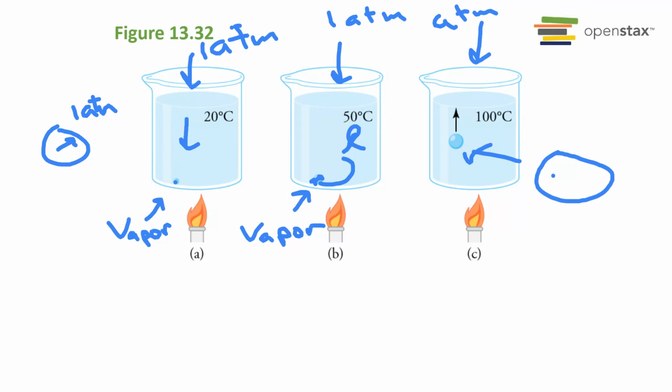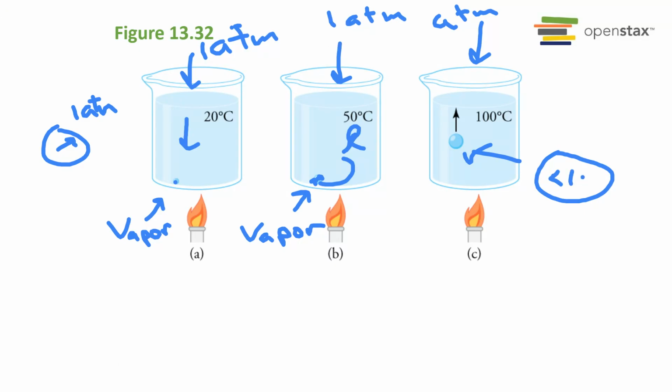So the bubble expands and keeps the pressure at 1 atmosphere. Inside this bubble, it's 1 atmosphere. Inside this bubble, it's 1 atmosphere. But at 100 degrees, the vapor bubble continuously expands because the water vapor pressure exceeds its partial pressure in the bubble, which must be less than 1 atmosphere. So this is less than, did I write that right?